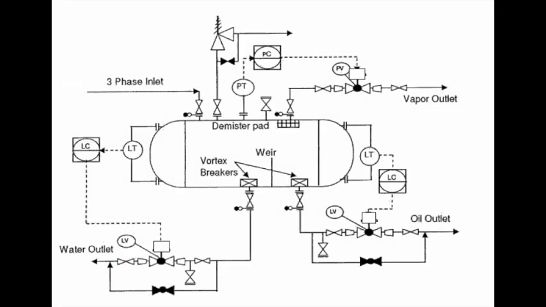Let us consider this control scheme. This is a three-phase separator, which means that your feed has liquid, solid, and gas, or two different liquids that have different densities, and the gas. Here the control scheme has three controllers. The first one is a level controller, as you can see from the left.